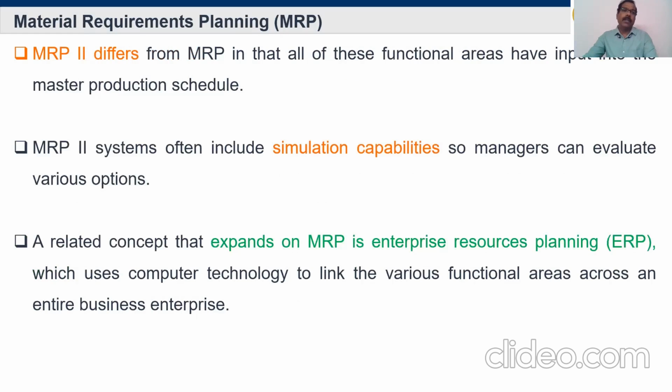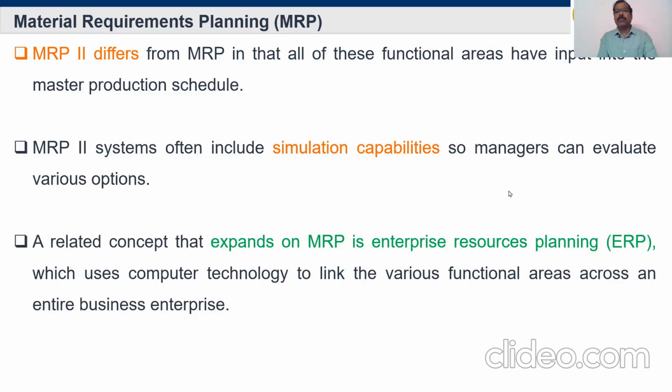Okay, then the MRP2 system often includes simulation capability. In general, the purpose of simulation is to try various methods and possibilities before we go for any real activity, right?